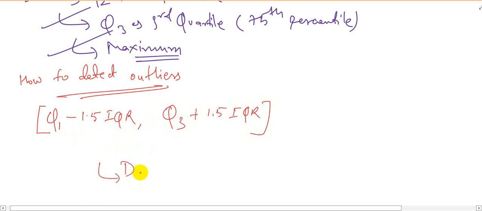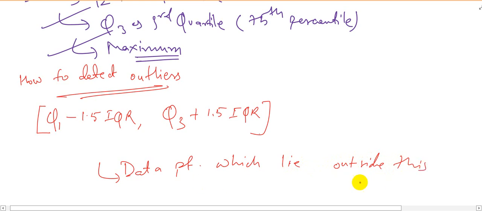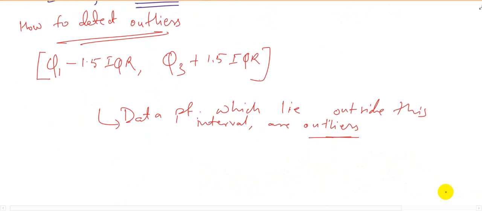Data points which lie outside this interval are outliers. So this is the statistical way to find outliers.